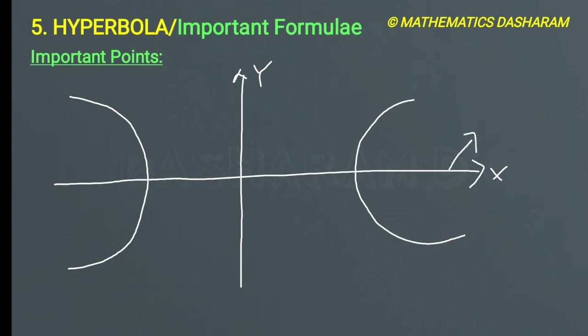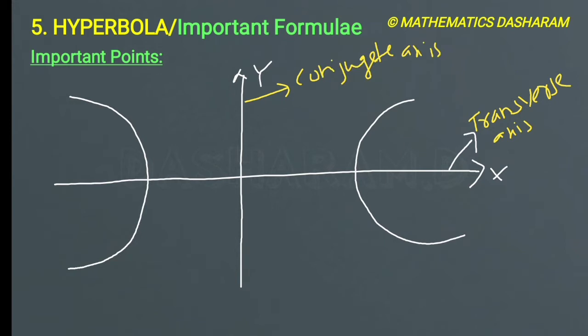This x-axis is called the transverse axis, that means major axis. In an ellipse we call it the major axis, here the transverse axis. And this y-axis is called the conjugate axis, and the intersection point of these axes is called the center. It is denoted with C.